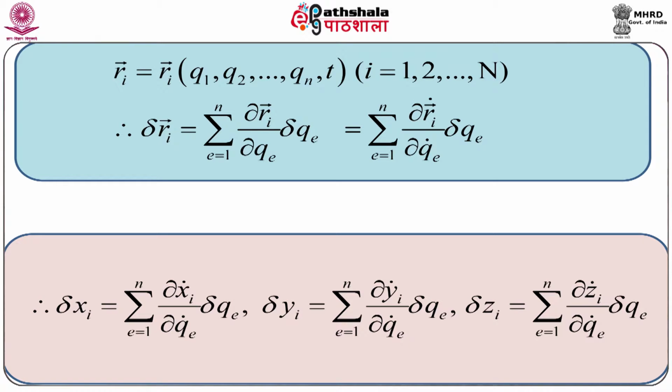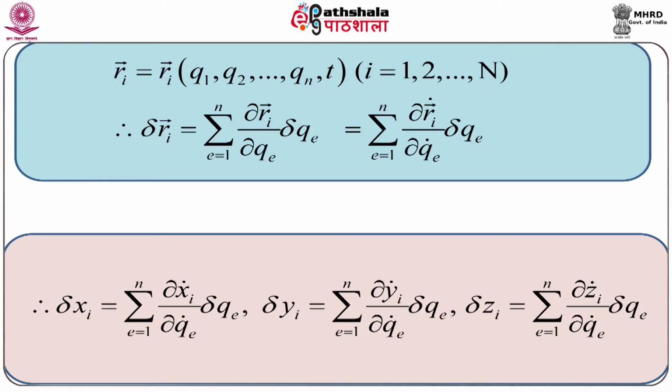Now, Ri vector depends on generalized coordinates q1, q2 up to qn and time t. So, let us calculate delta Ri vector, which is the virtual displacement. Delta Ri vector is equal to summation over k del Ri vector del qk operated into delta qk.